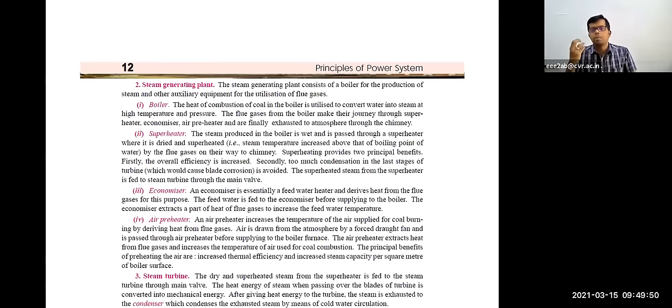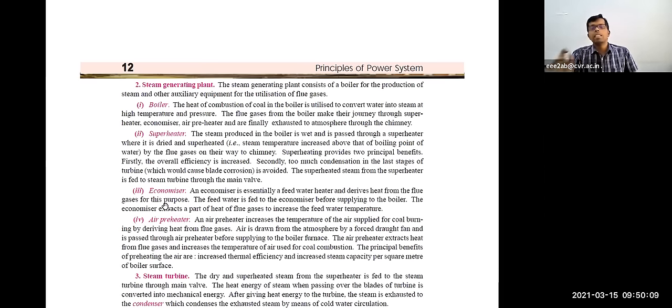So we have to utilize the steam to the maximum, and we are concentrating on the steam also. The economizer is essentially a feed water heater, and it derives the heat from the flue gases.